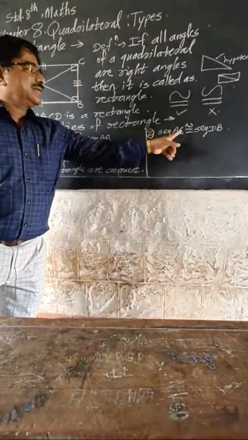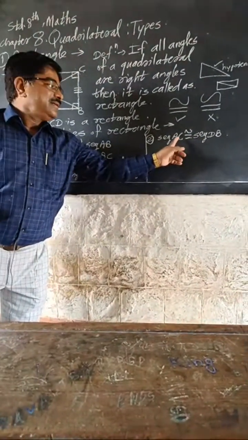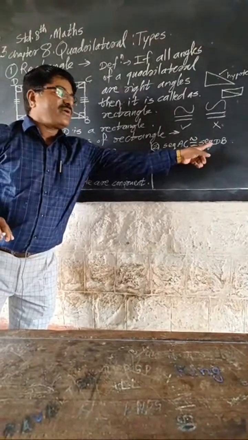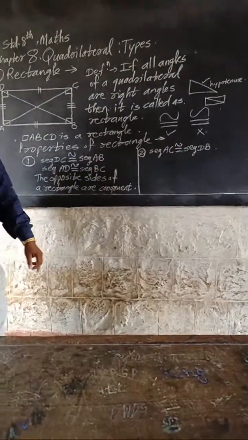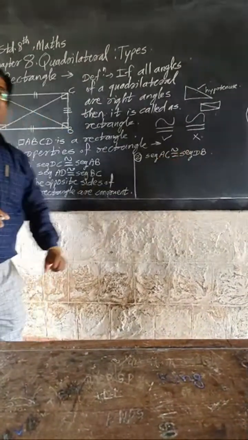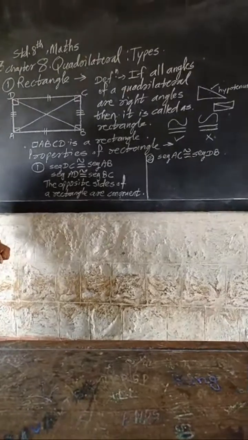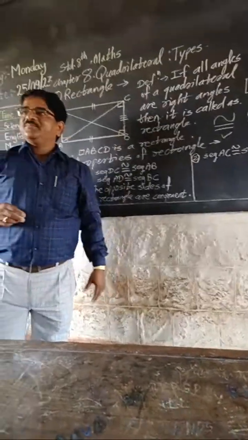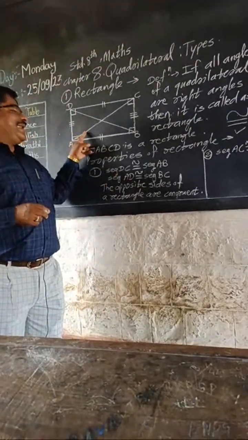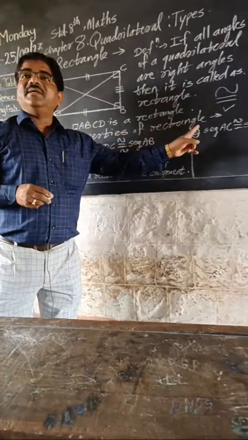These, segment AC and segment DB, are called diagonals. What do we write as conclusion? Yes, the diagonals of a rectangle are congruent. Good answer. That is property number 2.